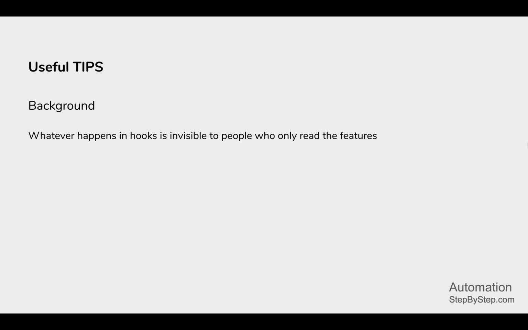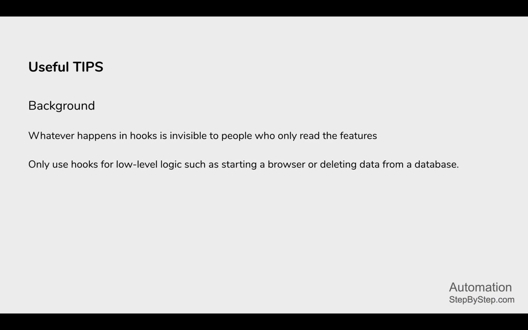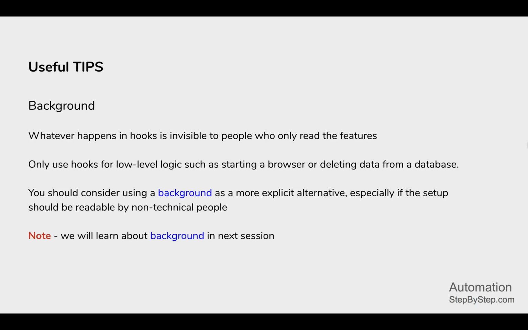And therefore, we say that whatever happens in the hooks is invisible to the people who read the features, and therefore only use hooks for low level logic such as starting browser, deleting data from database, starting or stopping a database. And if you need anything that should be visible to the people who are reading the features or who need to know what is exactly happening before or after a scenario, we can use background. So it is a more explicit alternative for hooks, and this is what we will learn in the next session.